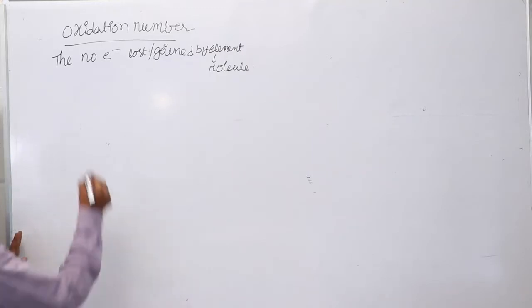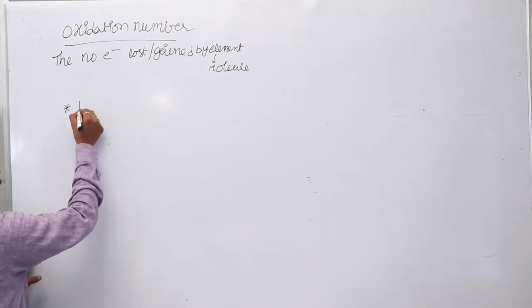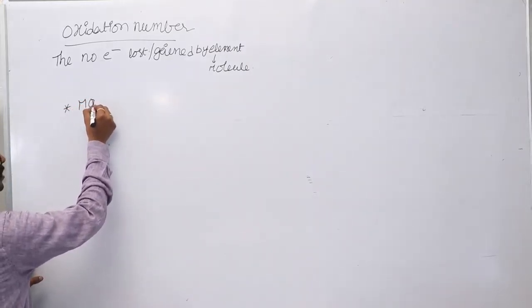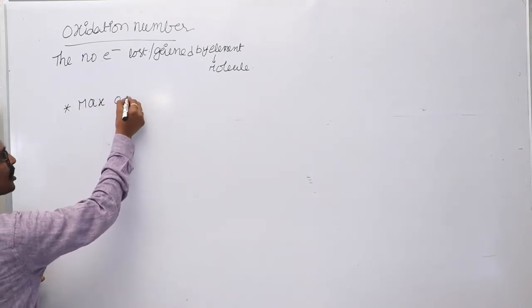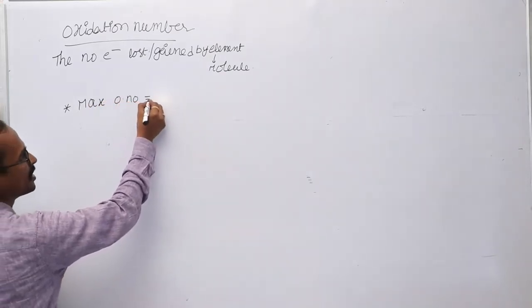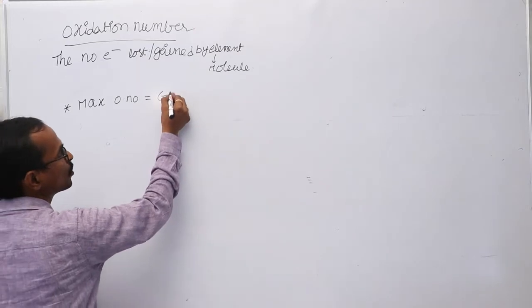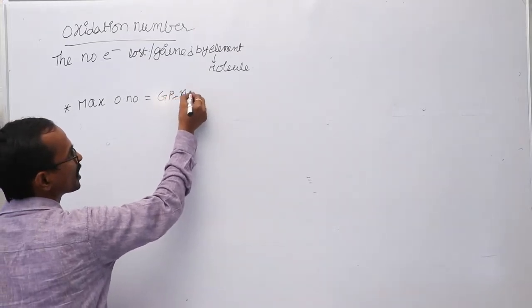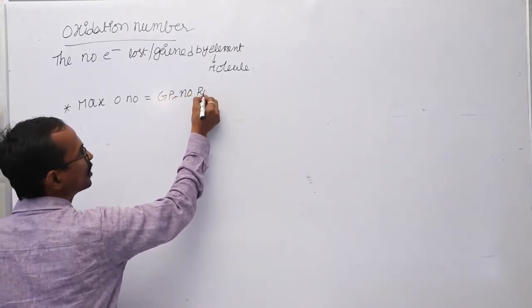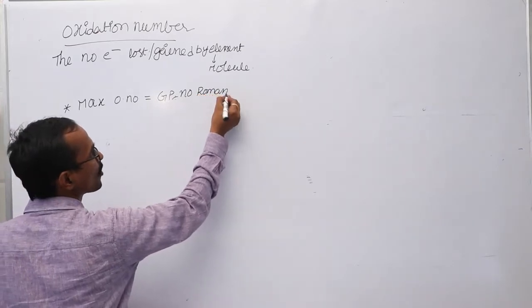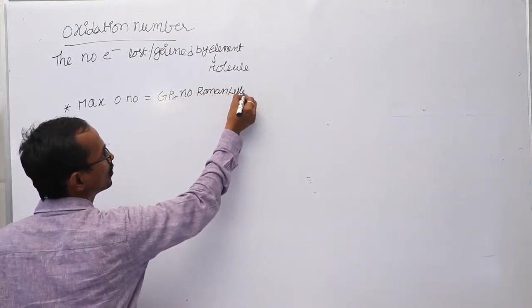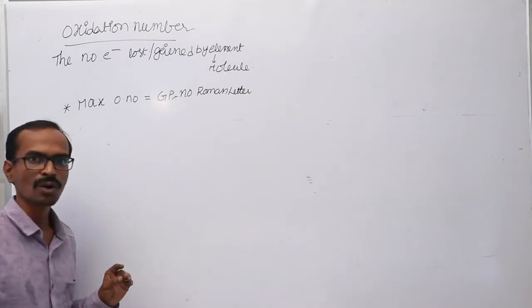Number one, the maximum oxidation number of an element is equal to its group number in Roman letter.